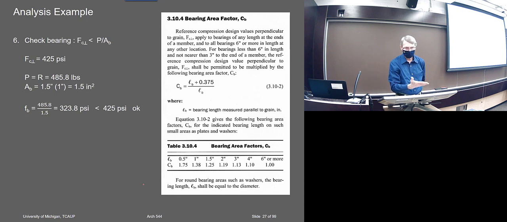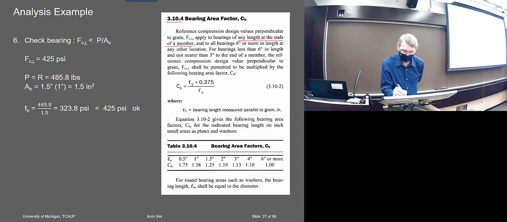Okay, and bearing. We even looked at bearing. Here, also in chapter 3, you can consider bearing. The first thing to notice is, where does it say it? Any length at the ends of a member.